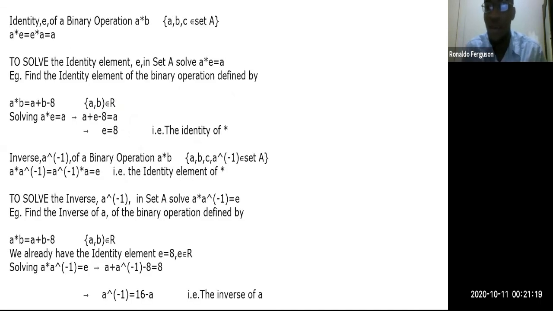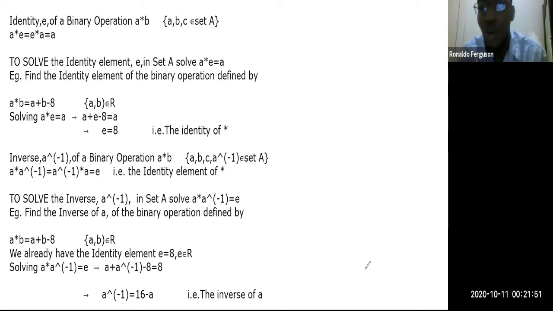The next thing that we want to look at is the identity of a binary operation, right? There's a test that you carry out for the identity of a binary operation. So it is just like when we were looking at the real number system. Whenever you have some number A and it undergoes a binary operation, the result must also give you back A, and then that element that made us get back A is known as the identity of the binary operation.